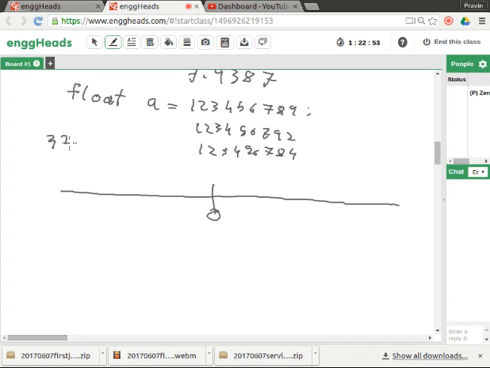What's exactly happening here is, between 0 and 1, and between 1 and 2, between 2 and 4, exponentially, between 4 and 8, the number of values which I represent is exactly the same.